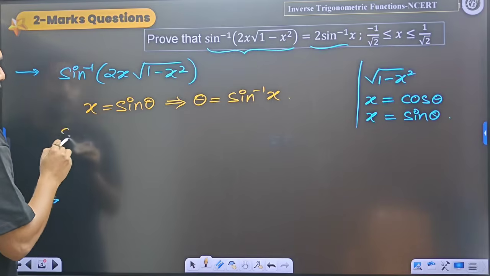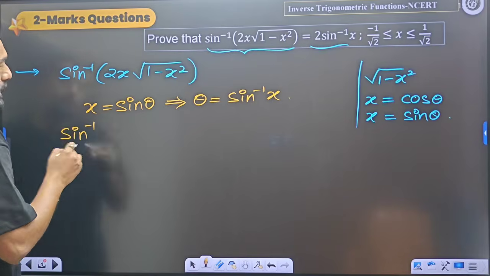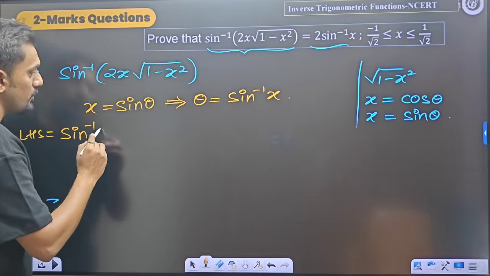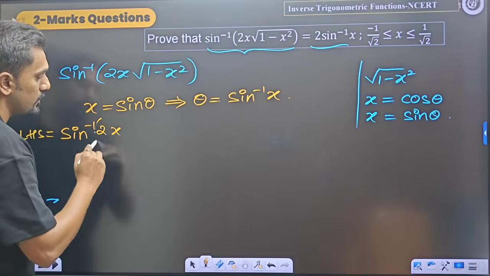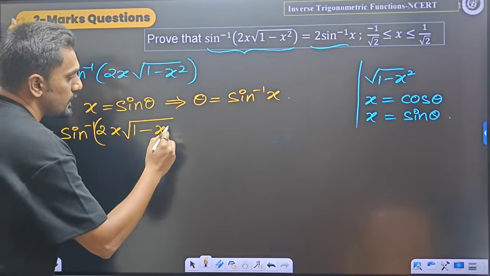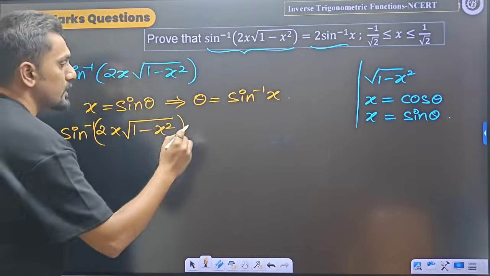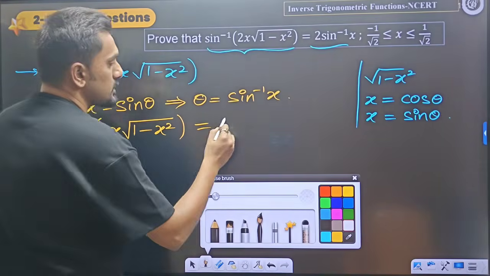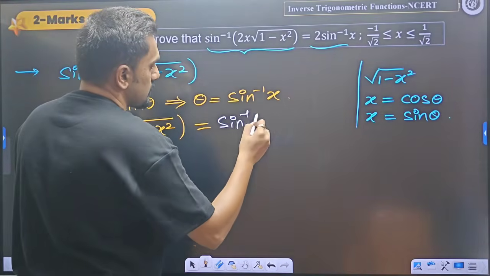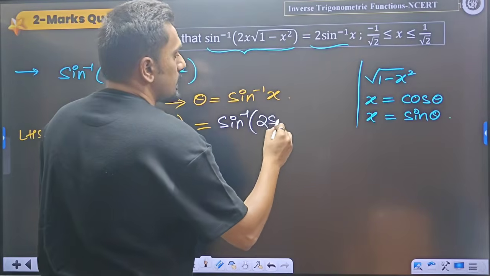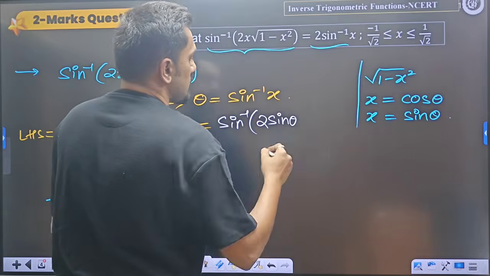LHS is equal to sin inverse of 2 times x into root of 1 minus x square. What I will write is sin inverse of 2 into x, which we have taken as sin theta, right?